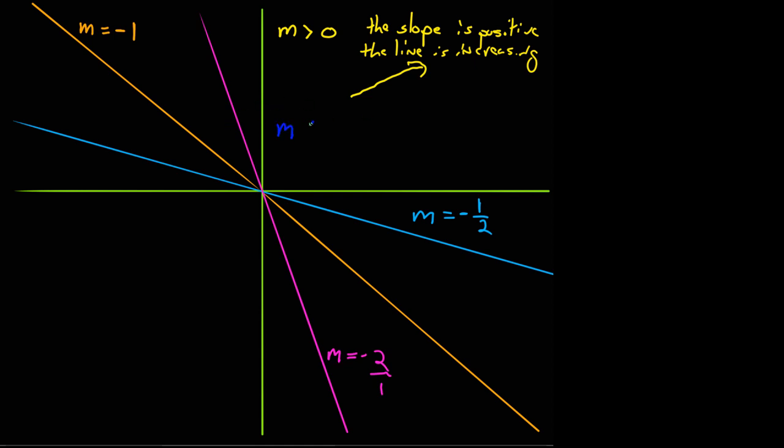If the slope is less than 0, or we're going to say the slope is negative, the line is decreasing, which means the line goes this way. And so let's look at our two graphs. I'm going to do a quick scroll up and down here.